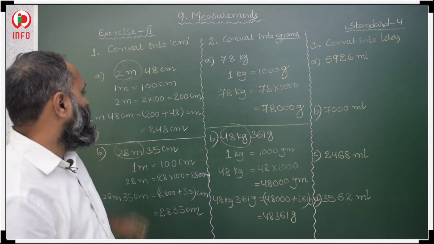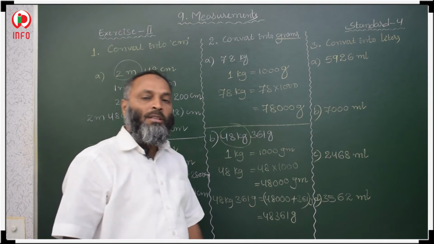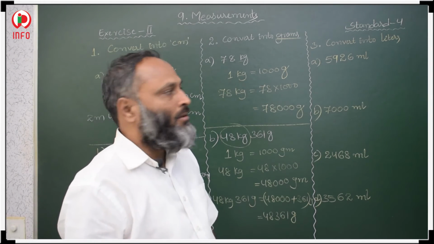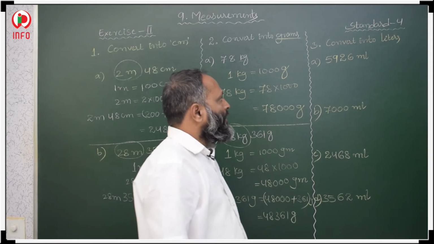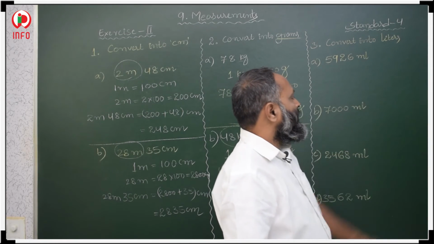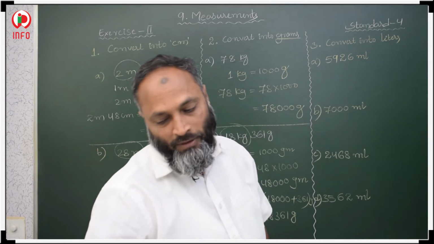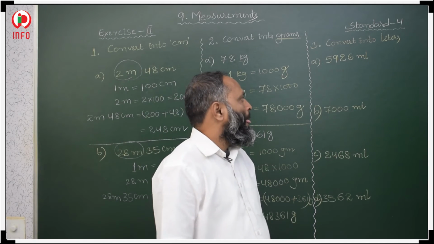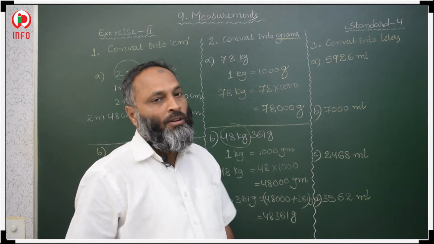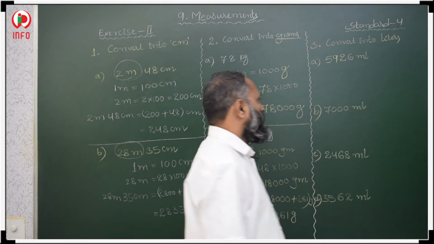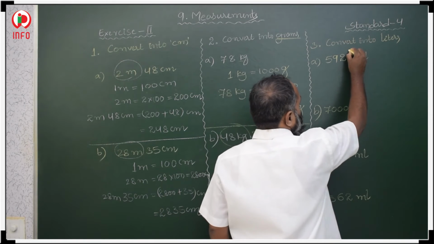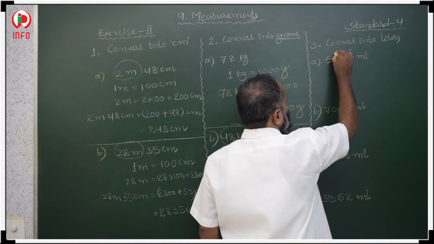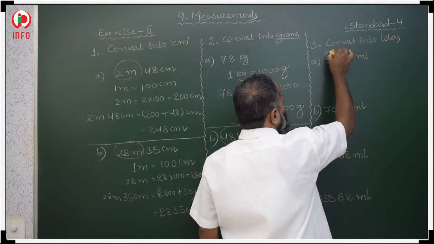So this is the conversion of kgs into grams. Here, the conversion of meters and centimeters completely into centimeters. Now in the third question, convert into liters. Here milliliters and liters are given. So how to convert into liters? See here, first this is ones place, tens place, hundreds place. This is thousands place.